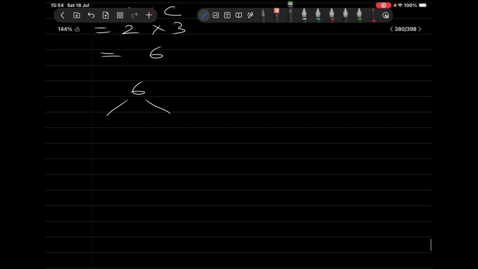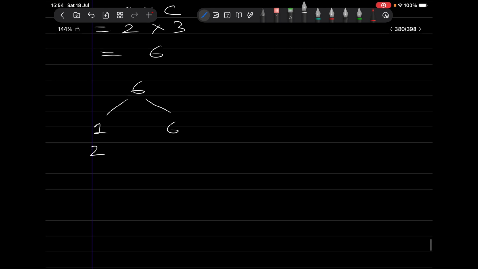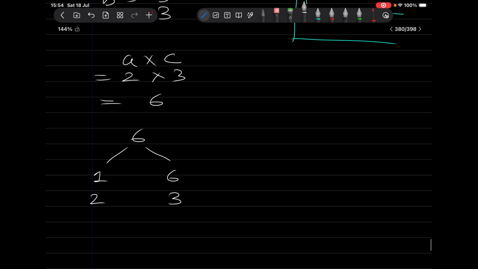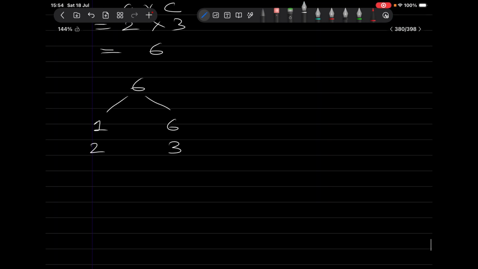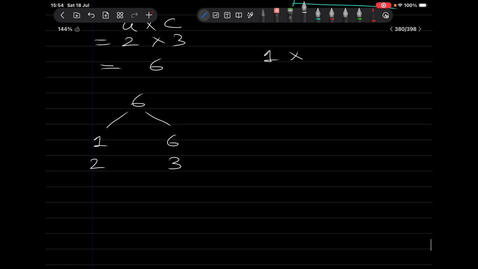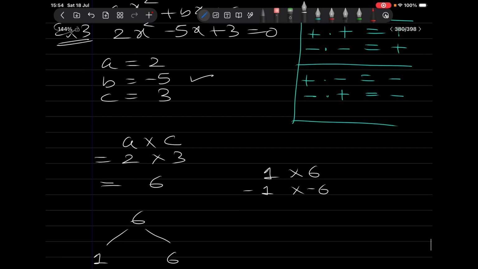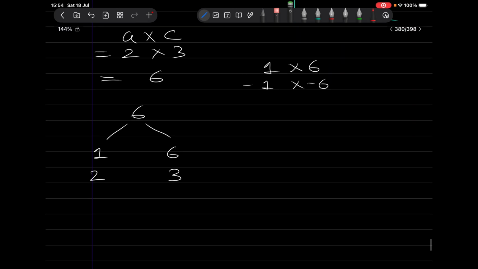If I split 6, I can write 6 as 1 into 6 or 2 into 3. Now if I want 6, I can do 1 into 6 or minus 1 into minus 6, because minus into minus is also plus, or I can do 2 into 3, or minus 2 into minus 3.